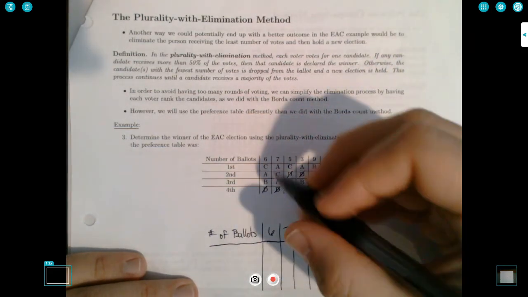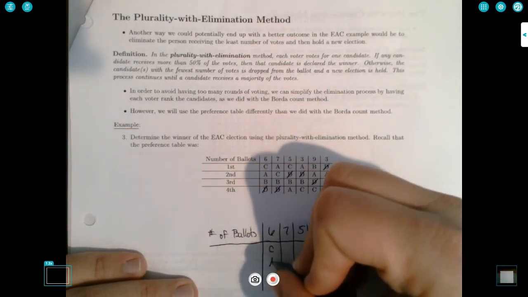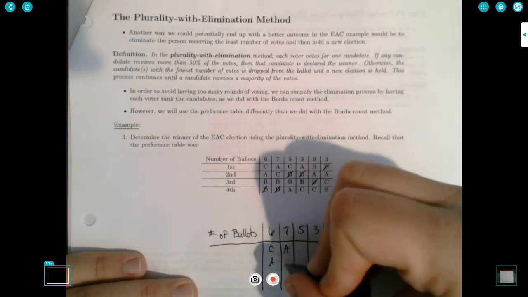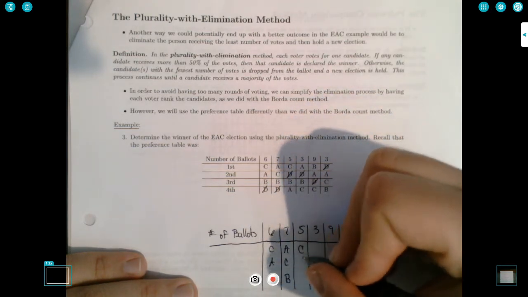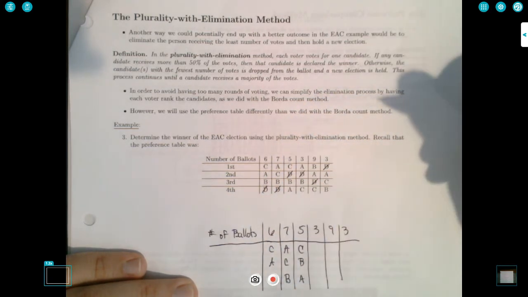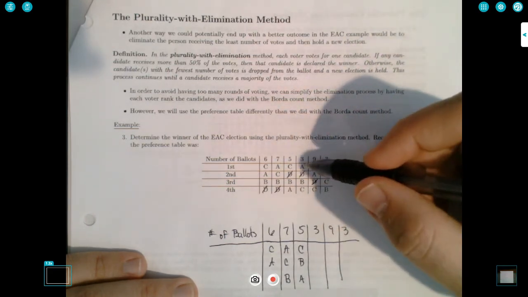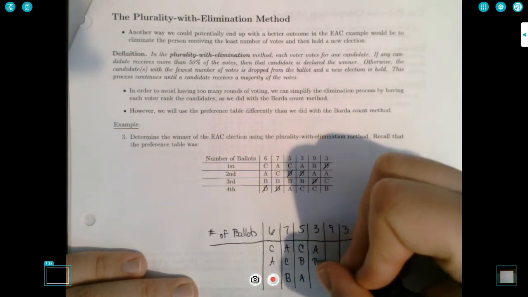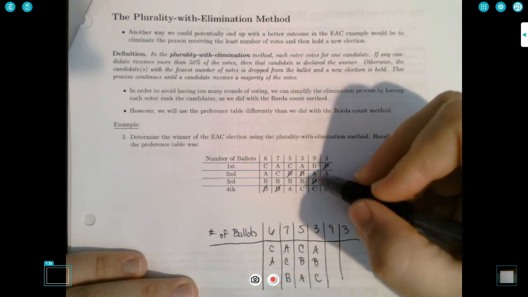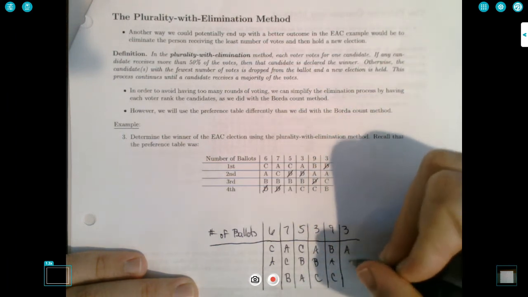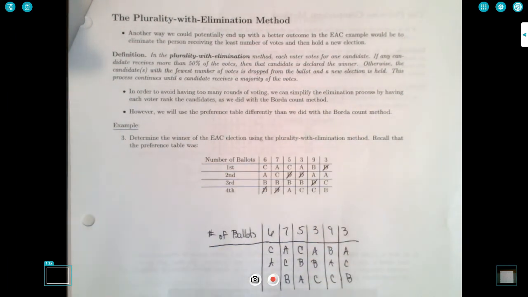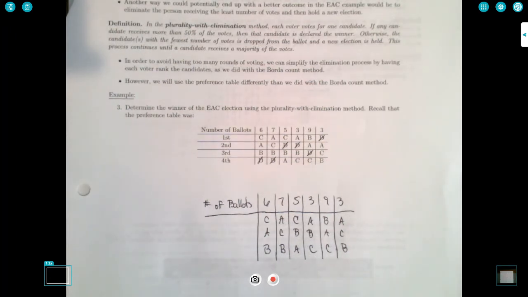This first column is going to look the same, C, A, B. So is the second one, A, C, B. The third one, though, we're going to pretend that the D doesn't exist, so it's going to be C, B, A. The next one is A, B, C. The next one is B, A, C. And the last one is A, C, B. So everything just gets shifted up. We cross off the D's and shift everything up so that we now have 3 rows instead of 4. And now we repeat.